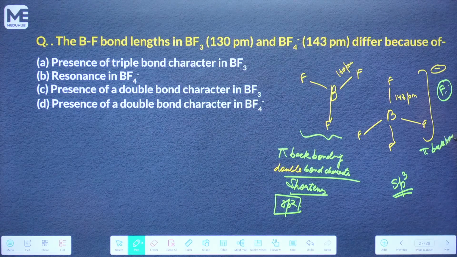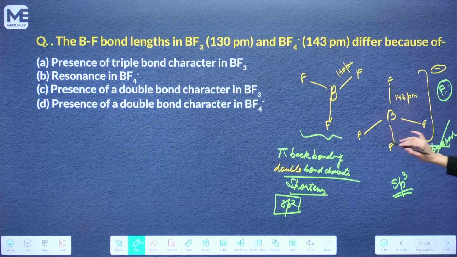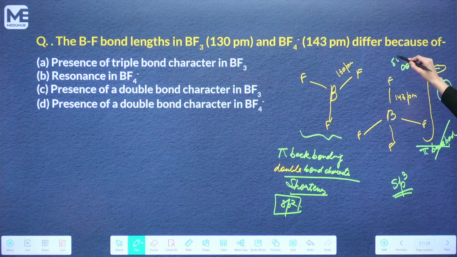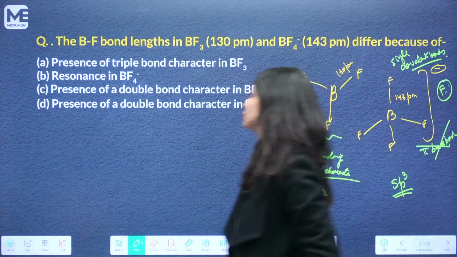There is no need for any back bonding. If there is no back bonding, that means that these are all simple single covalent bonds. Now let us look at the options.